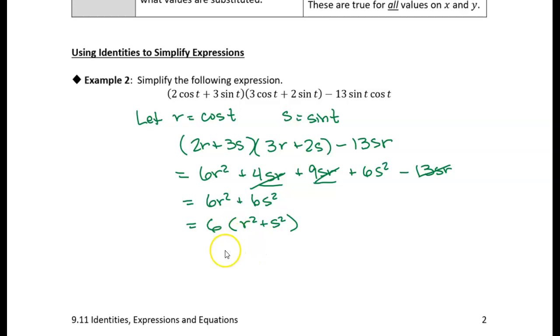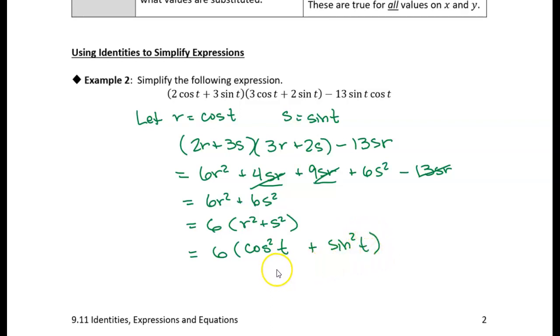Now let's go back and resubstitute for r and s. r was our cosine, so this is cosine squared of t plus sine squared of t, because our s was sine.